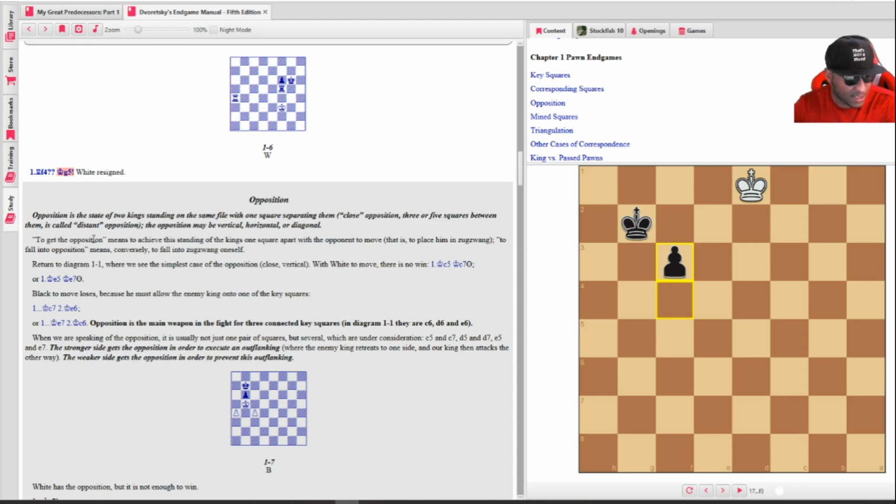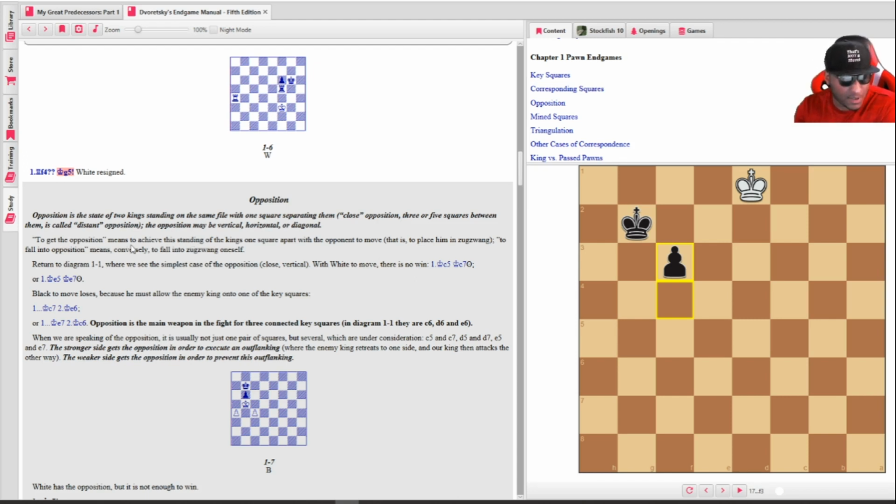To get the opposition means to achieve the standing of kings 1 square apart with the opponent to move. I have to keep reading that.